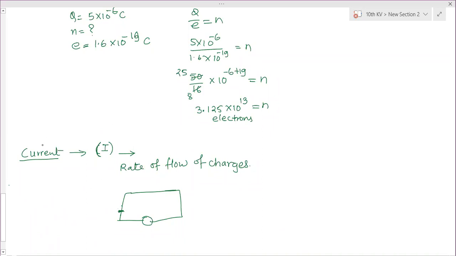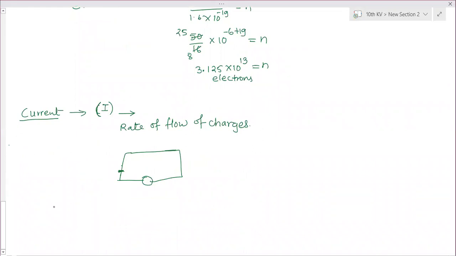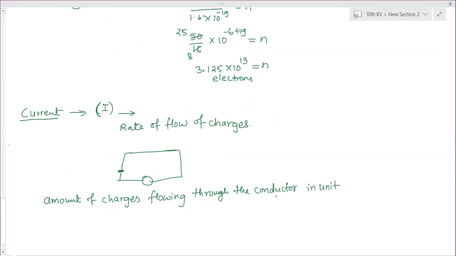That measured quantity is considered as current. So current is the amount of charges flowing through the conductor in unit time is called current.